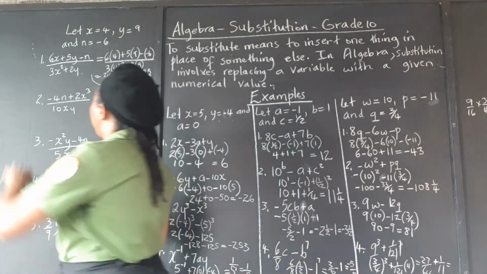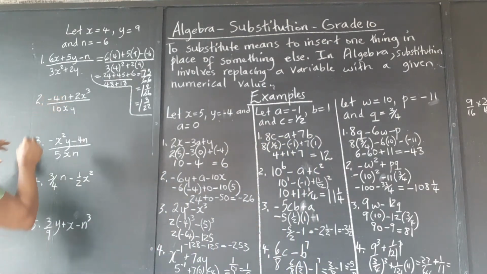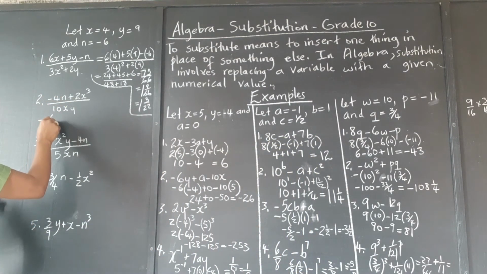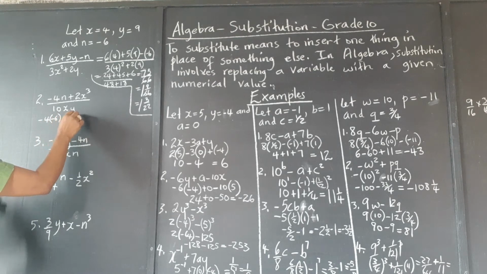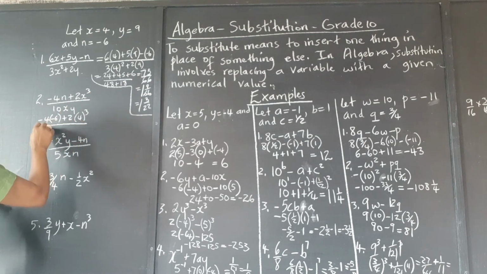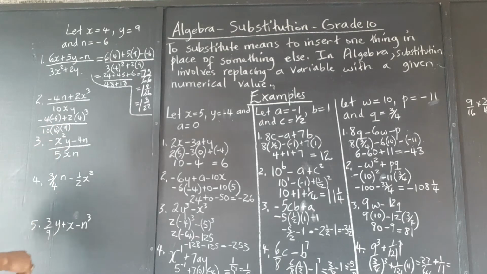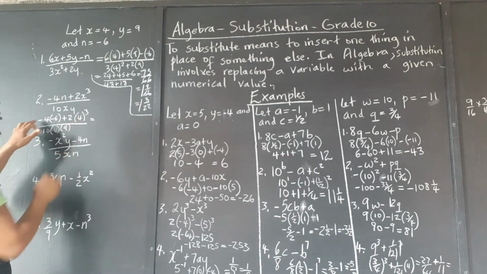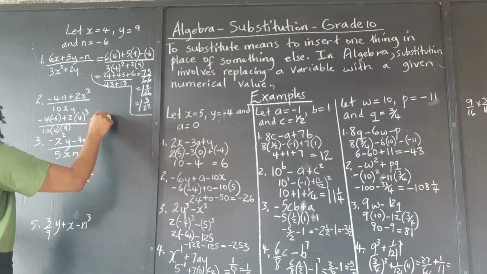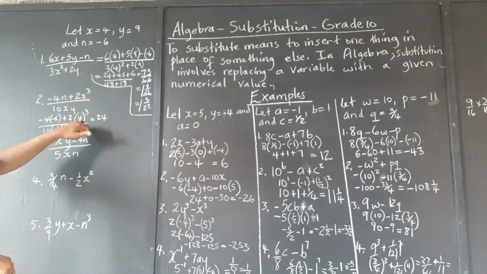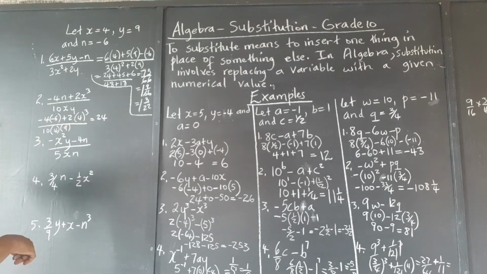We have negative 4 times n. So negative 4 times negative 6 plus 2 times 4 cubed over 10 times 4 times 9. Okay. So negative 4 times negative 6 is 24. 4 cubed is 64 times 2.